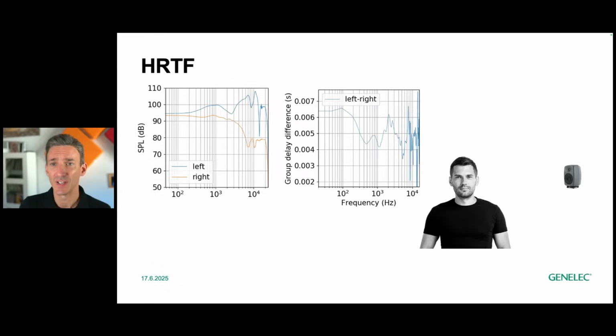This just shows, for example, how different the high frequencies are when they get into your brain, if you just calculate what's happening. And there's a huge difference between the left ear and the right ear.